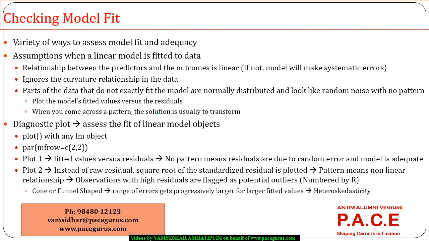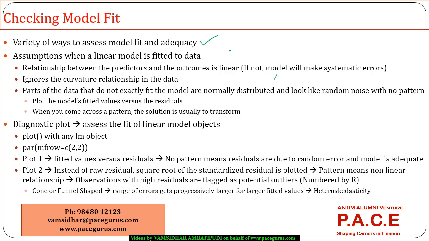Alright. Then one more important aspect is checking the various ways in which I can assess the fit and the adequacy of the model. I will have to check: is this model correctly fitting the data?